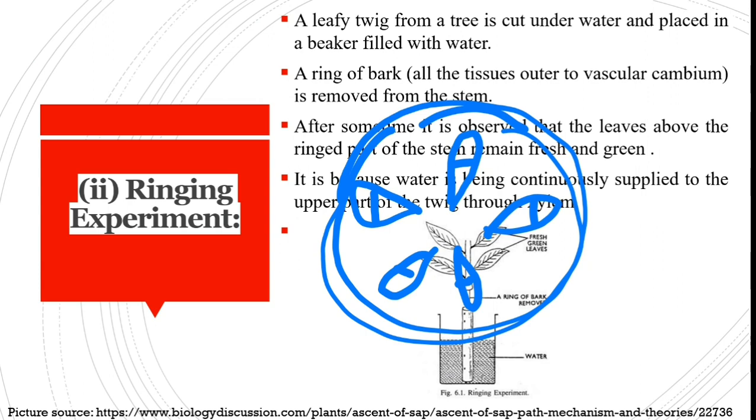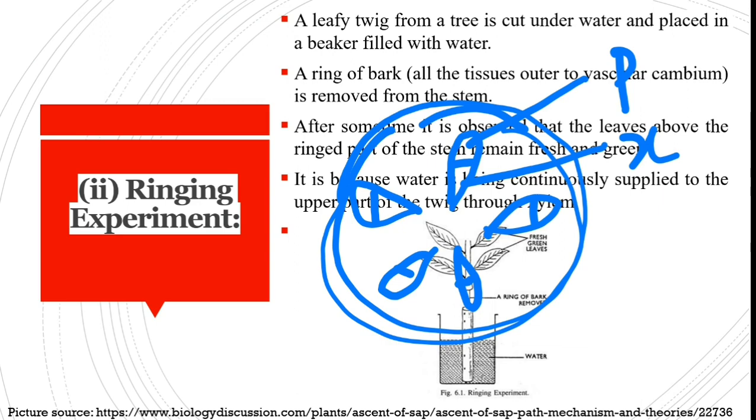Generally phloem is present outside and xylem inside. It is conjoint and collateral, as well as endarch condition, where the protoxylem or newly formed xylem is placed inward to the old xylem. So it is the cross section of a stem.